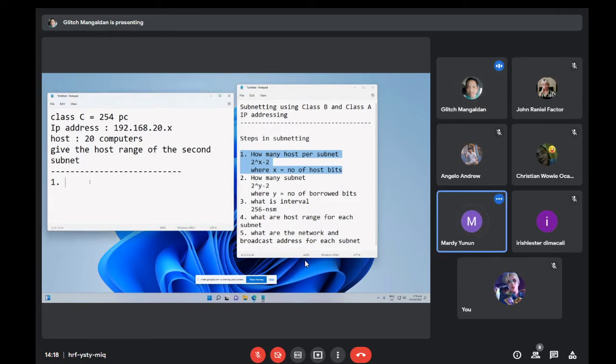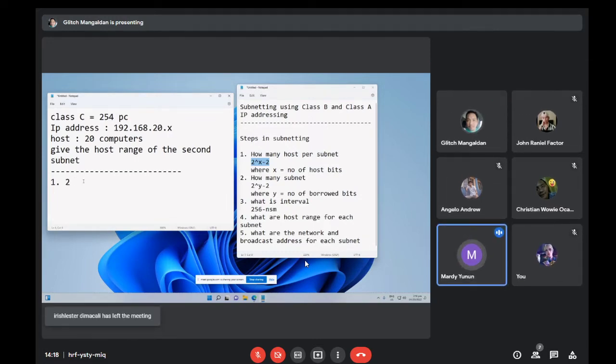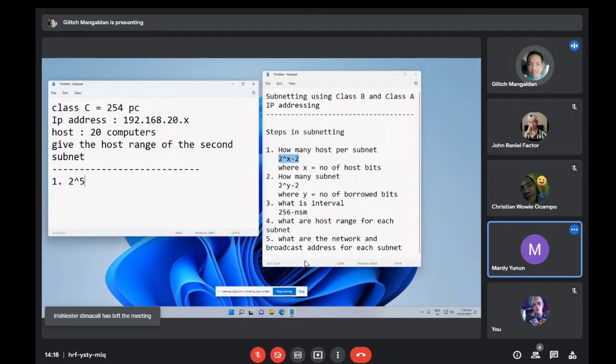Okay, what is the answer for question number 1? Question number 1 is how many hosts per subnet, and it uses the formula 2 raised to x minus 2. 2 raised to 5, sir, wherein yung 5 natin is x, and x is the number of host bits. Bakit naging 5 yung host bits?